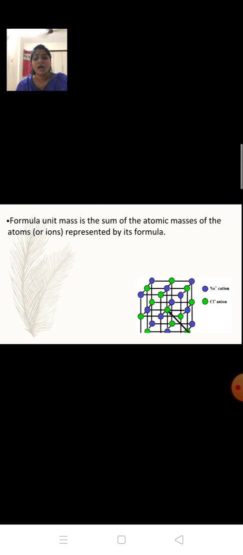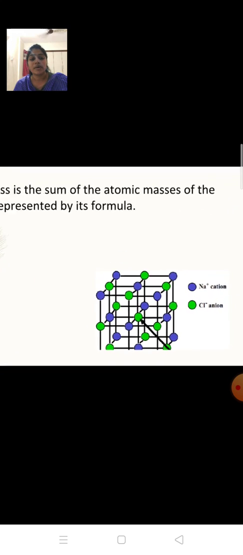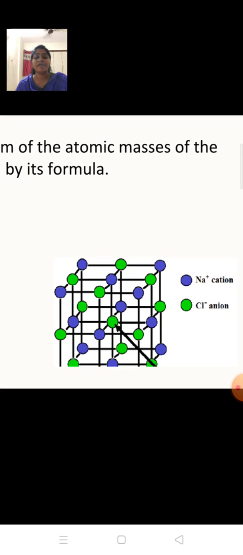So formula unit mass is the sum of the atomic masses of the atoms or ions represented by its formula. Now you can see over here the structure of sodium chloride. It is an ionic compound. The purple balls indicate sodium ions and the green balls indicate chloride ions.